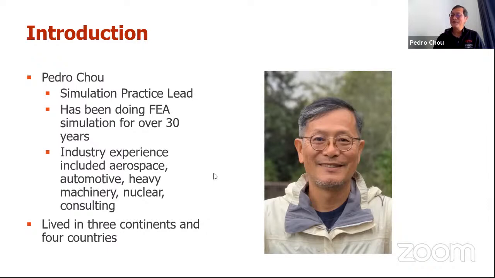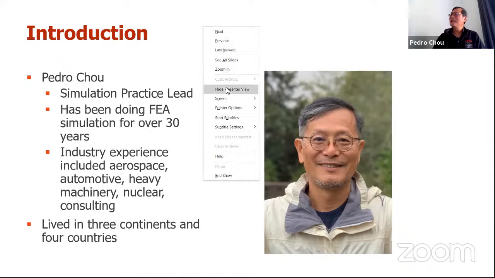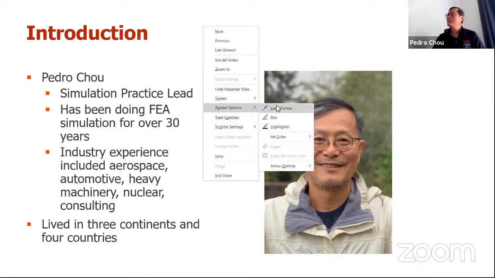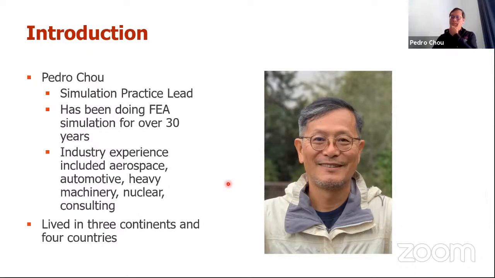And I have lived in 4 different countries. So Taiwan, Brazil. I lived in Canada, where I worked at the Atomic Energy of Canada and John Deere, and then finally the US.